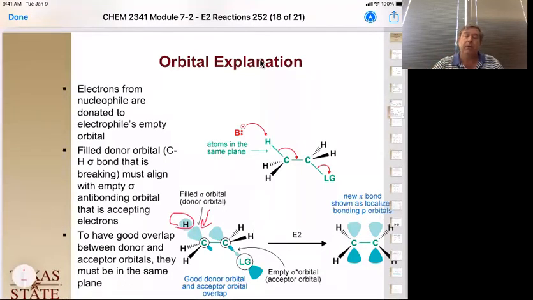Then the p orbital is pulled out of that such that it aligns with the p orbital on the next carbon over. But what happens to the other side?